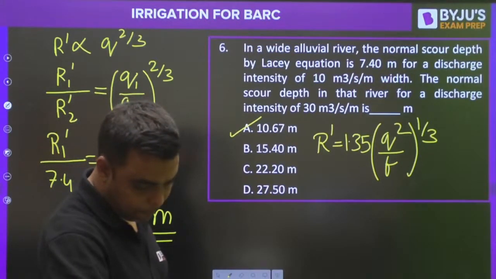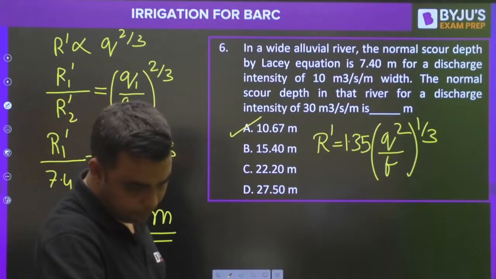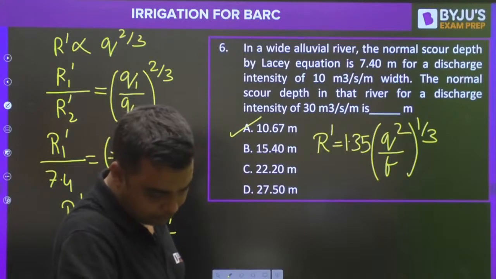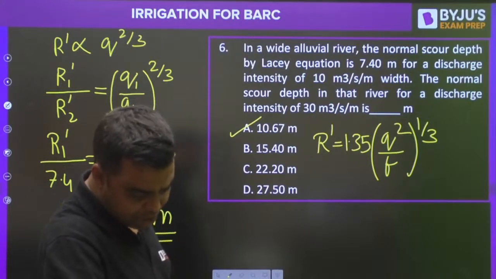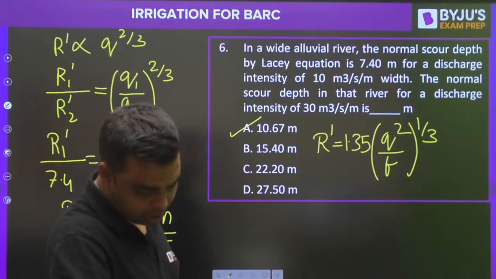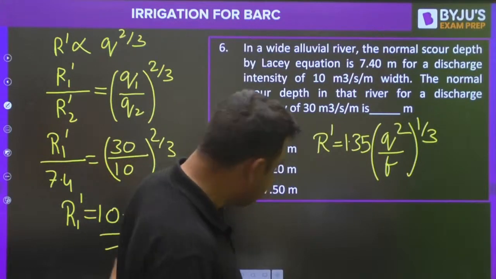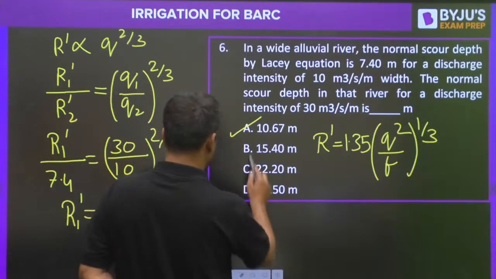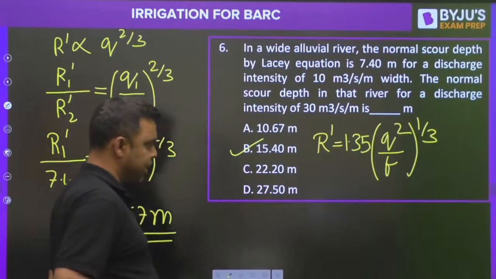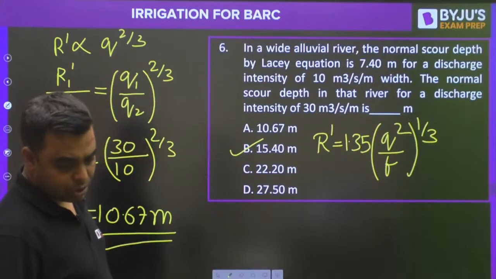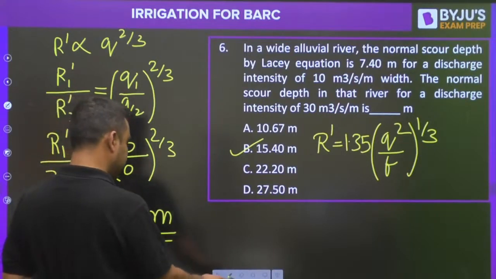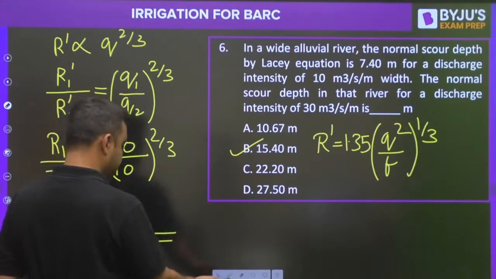Is it coming 15 by calculation? Okay, fine. Then let's make it 15. I did not do the calculation, I just trusted you guys, so it will be 15, right? So let's move to another question.